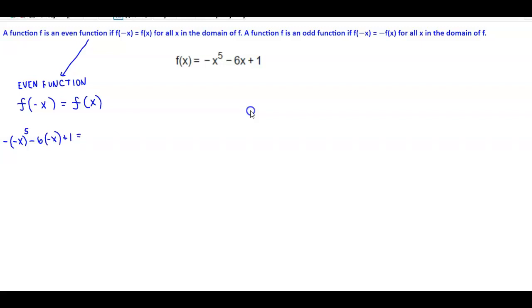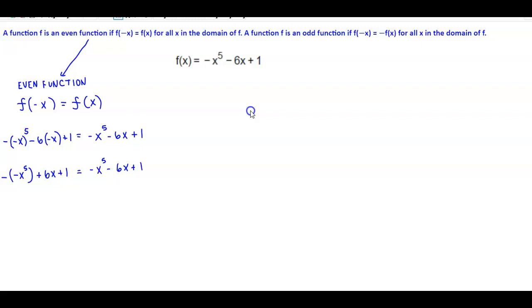And we want to see if it's going to equal f of x, which is negative x to the fifth minus 6x plus 1. Okay, so negative x to the fifth is going to be negative x to the fifth, and this negative 6 times negative x is plus 6x plus 1.